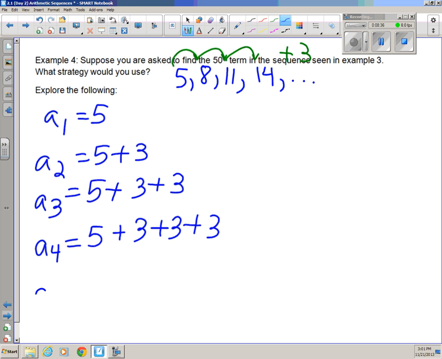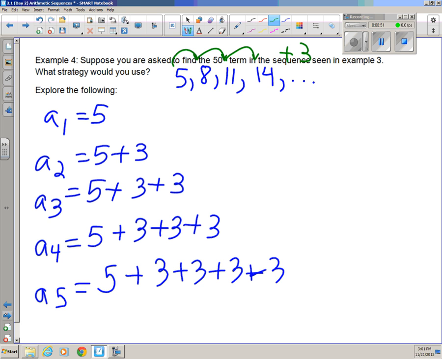Hopefully you see a pattern here. Let's just try one more. To get to my fifth term, I use my first term, which is 5, and I've got to go out 4 more terms by adding my common differences. Take a look at the common differences that we're adding in relation to the term number. For a sub 2, I add 1 three, which is 1 less than the term position.